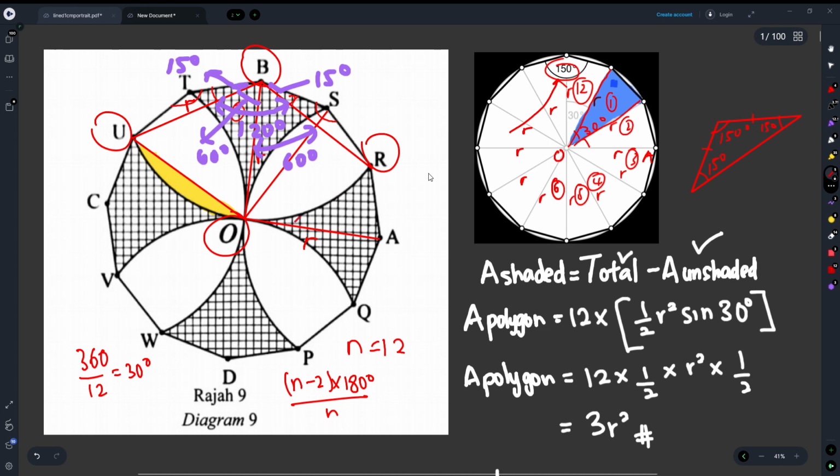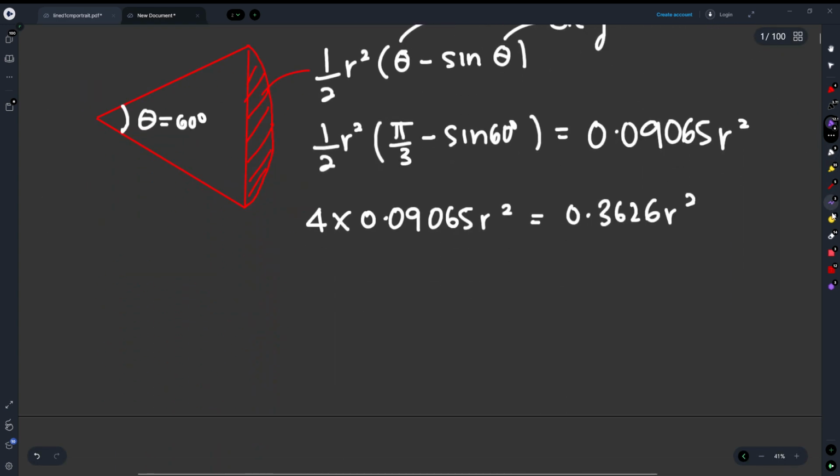When you check one by one, every white unshaded region has 2 segments, one on top and one at the bottom. So we have 1, 2, 3, 4 of the shapes, and every shape has 2 of them. So you're not supposed to multiply by 4, you're supposed to multiply by 8. I'm very sorry, so let me correct that part.